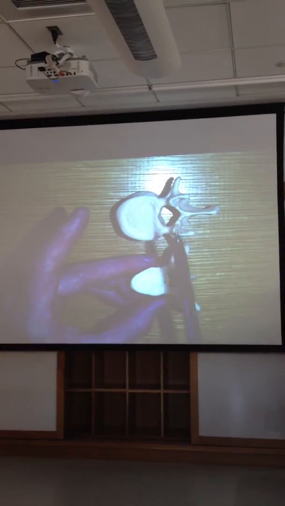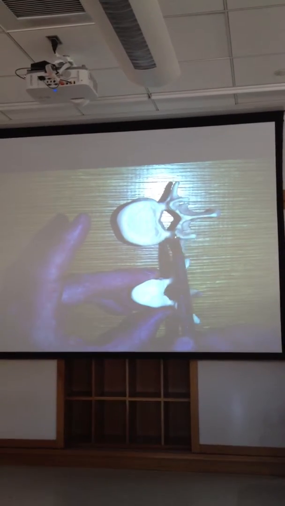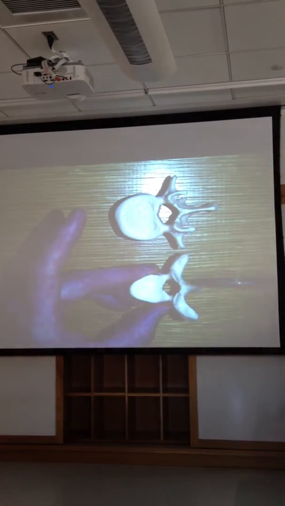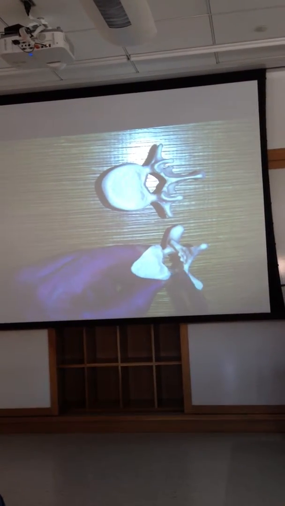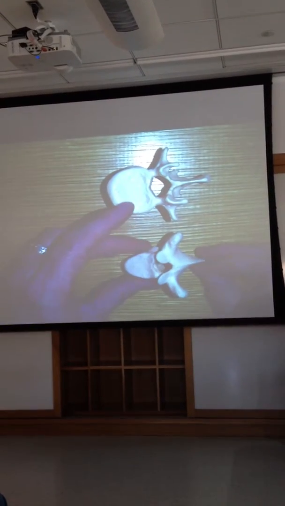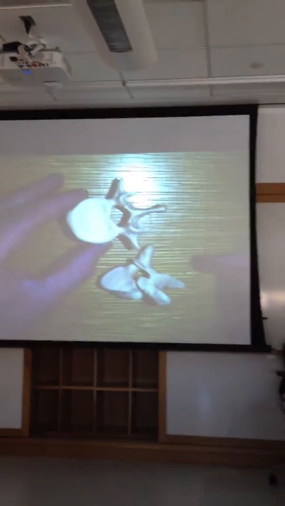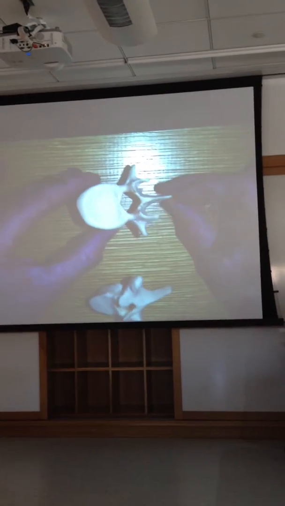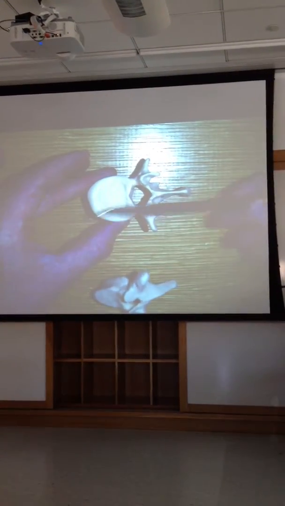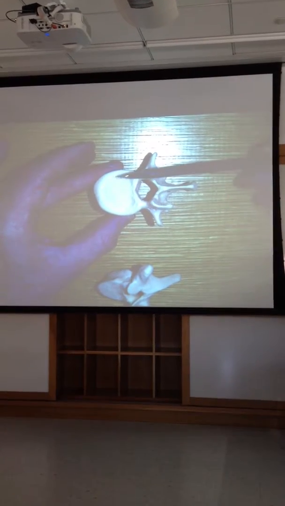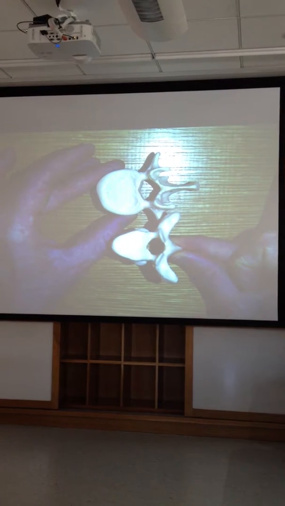They basically run in the same direction as the transverse processes. The inferior ones also run in the same direction as the transverse processes. If you look at the superior and inferior articular processes on the lumbar vertebrae, they don't go in the same direction as the transverse process. They basically go at a right angle to it. See that difference between the two? Yes. That's the other thing.